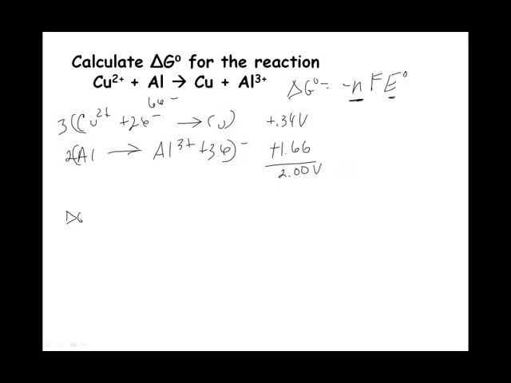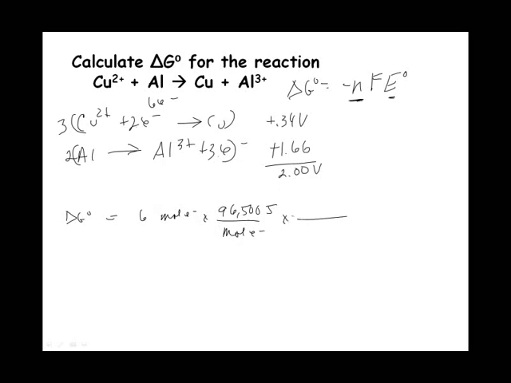So my delta G naught is going to be 6 moles of electrons times Faraday's number, which is 96,500 coulombs per mole of electrons.